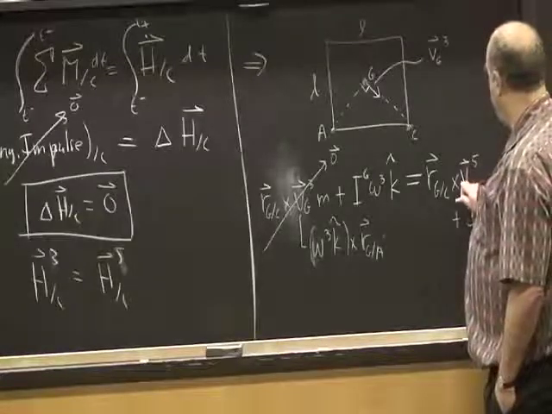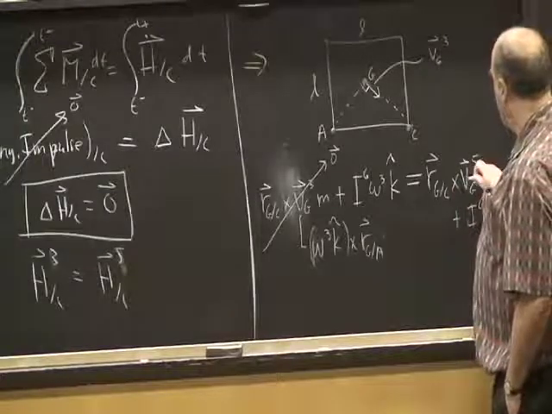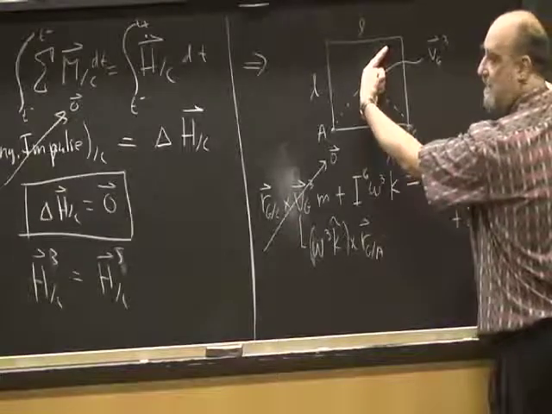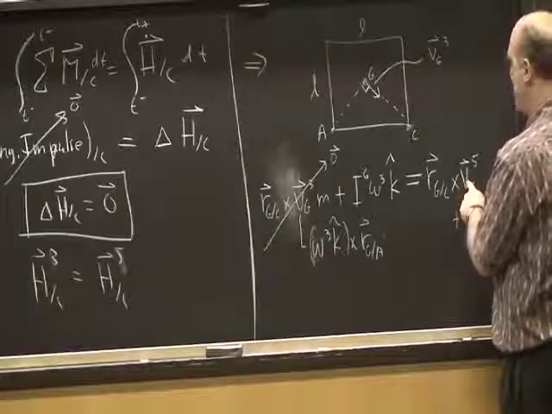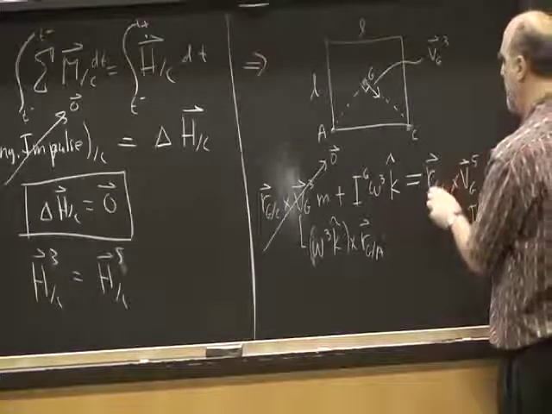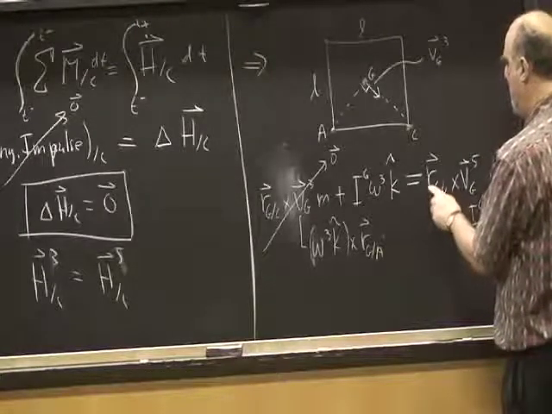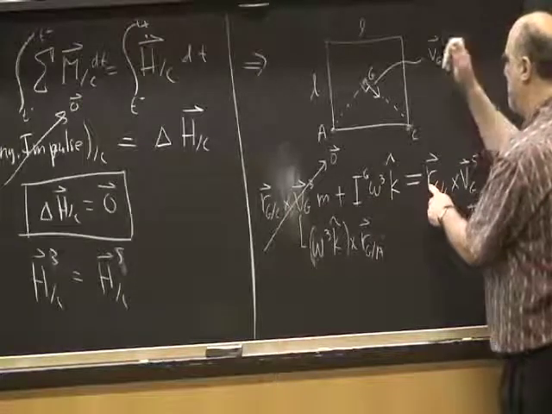Afterwards, we have this V_G of 5 here. What is this thing? This is something which is pointed in what direction? It's pointed in that direction. And its magnitude is what? It's omega_5 times this distance. And here we have this distance again. The direction of this thing is in the k direction.